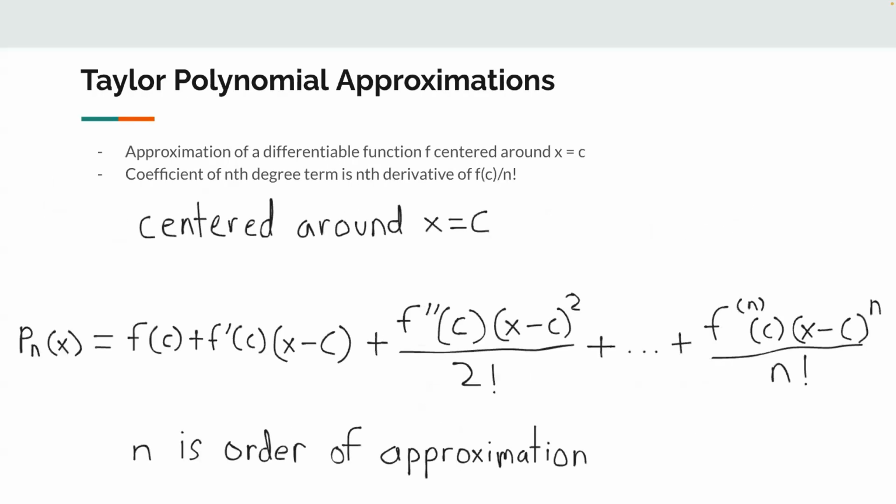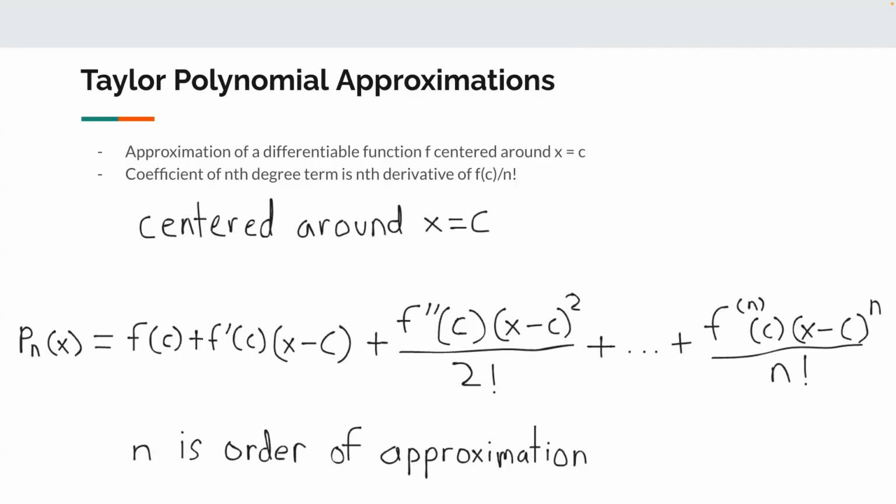Okay, Taylor polynomial approximations. These are approximations of a differentiable function f centered around x equals c. The coefficient of the nth degree term is the nth derivative of f at c over n factorial. You can approximate the entire function by using derivatives around a certain point c.